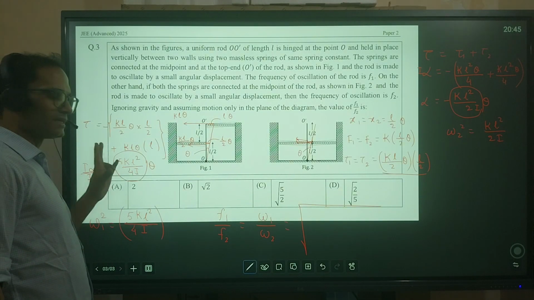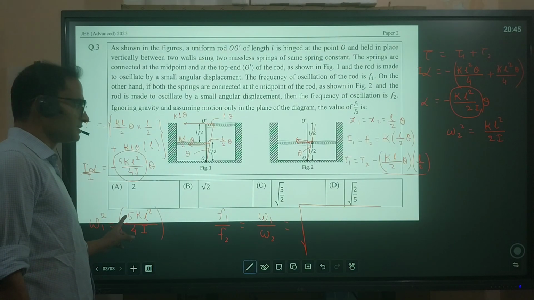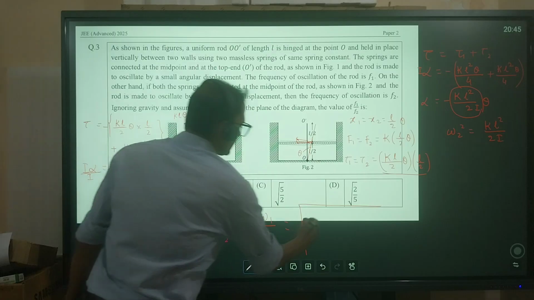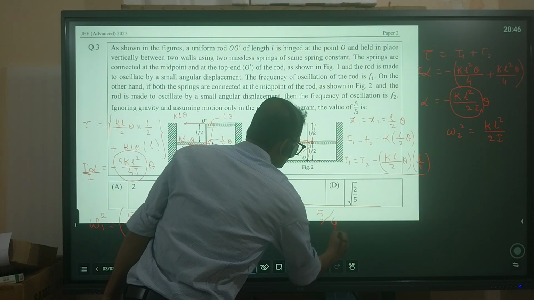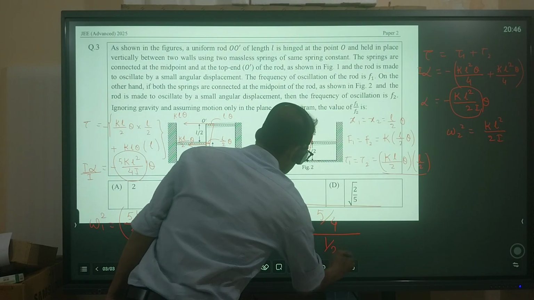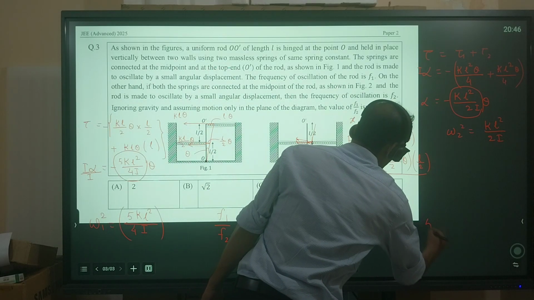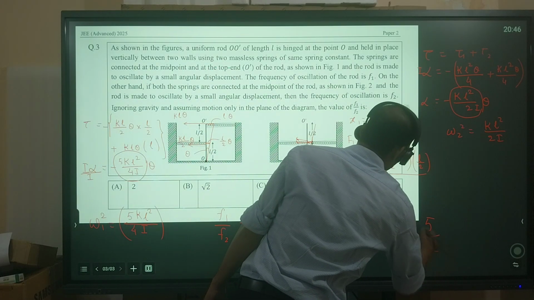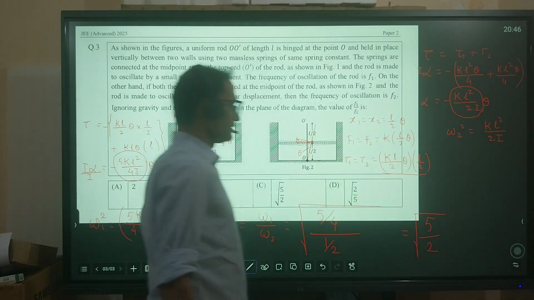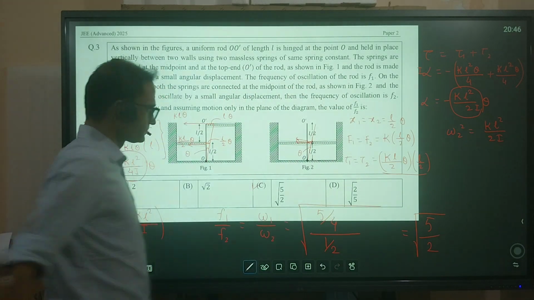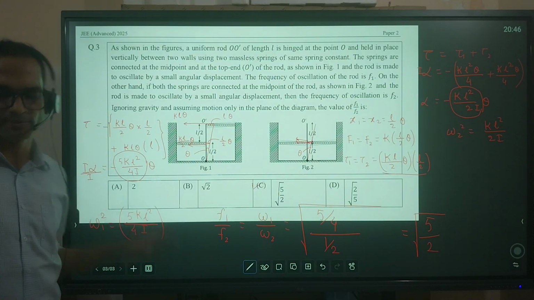Here everything is the same, just the difference is 5 by 4 and 1 by 2. So I will write 5 by 4 divided by 1 by 2. You can see that 5 will remain at the top and 2 will remain at the bottom. Everything is under root. So our answer is C. This was an easy, doable question.